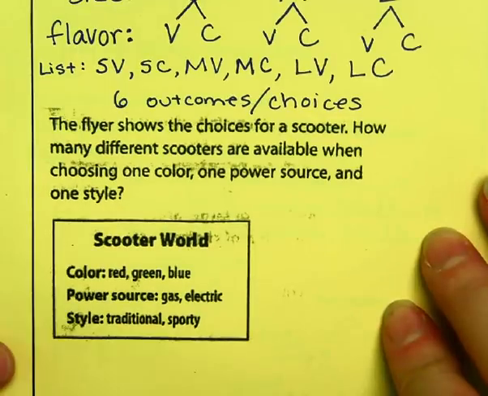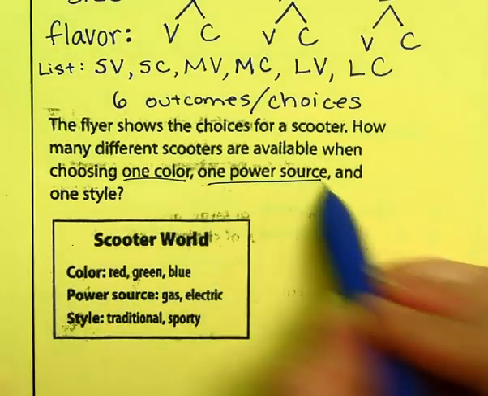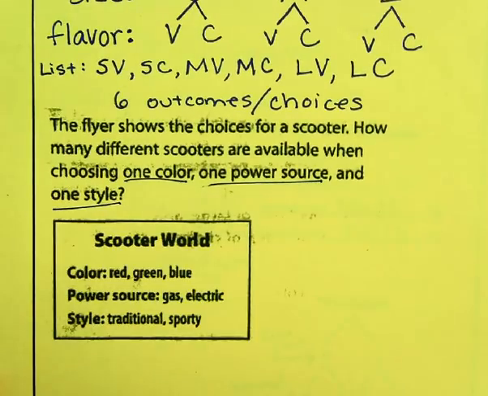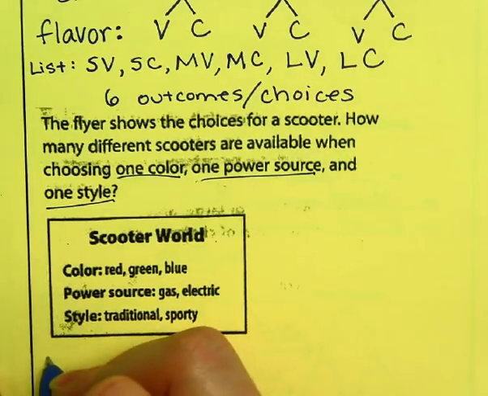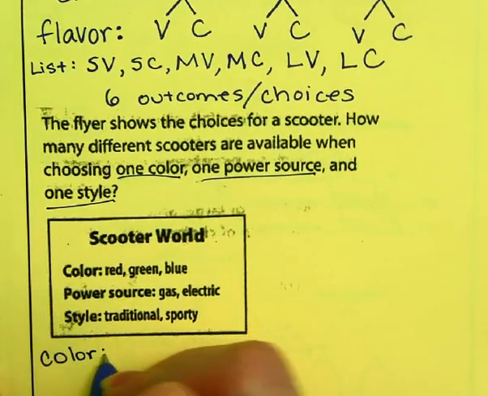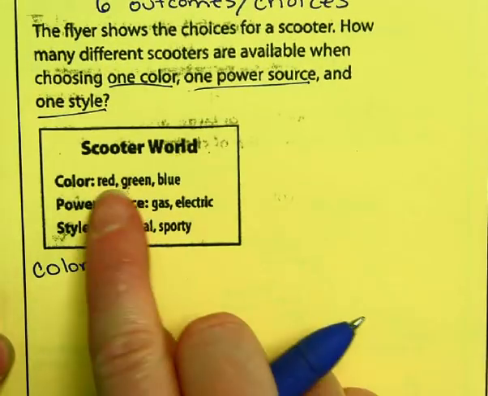Okay, last example. The flyer shows a choice for a scooter. How many different scooters are available when choosing one color, one power source, and one style? So we'll start out with colors, and we're going to list it the same way. My color choices are red, green, and blue.